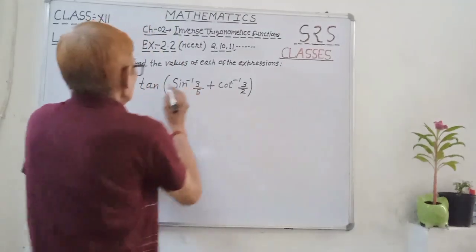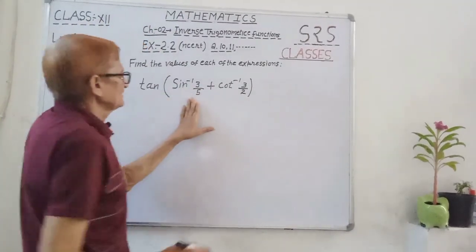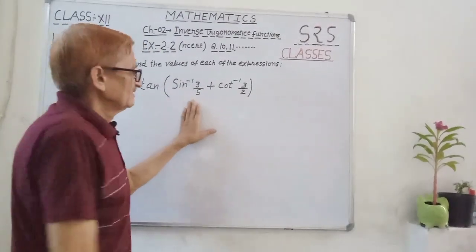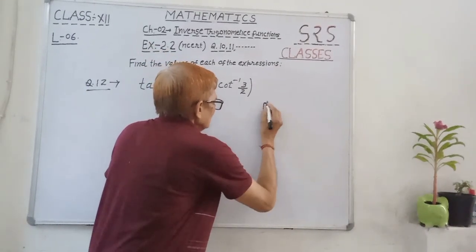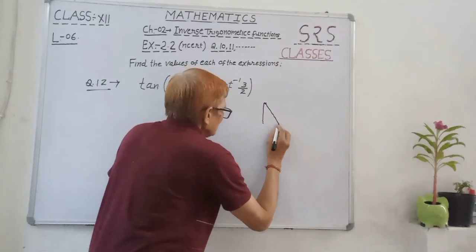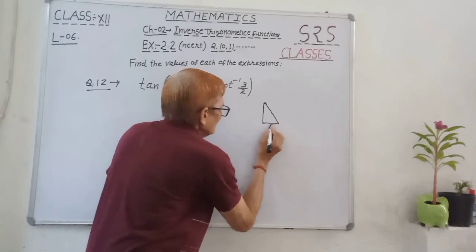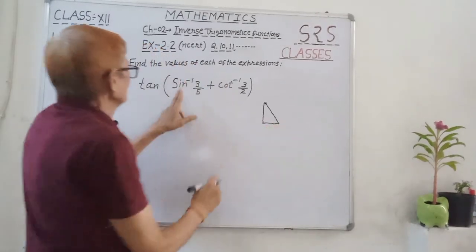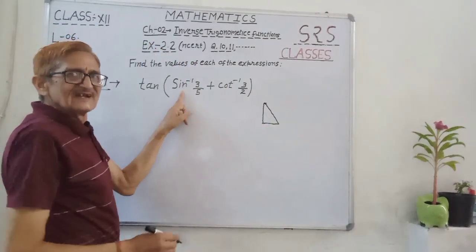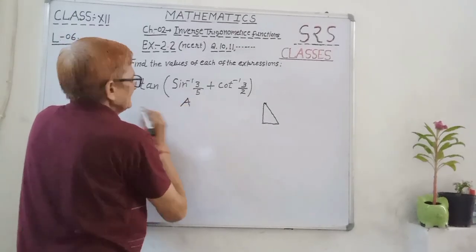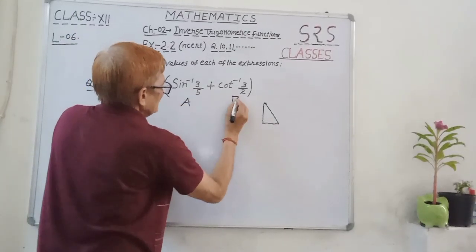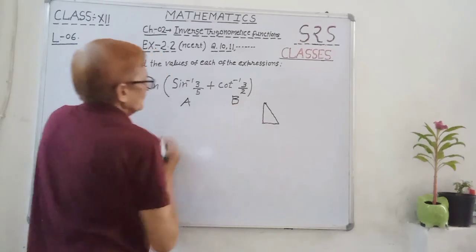So now, sin inverse 3 by 5, how can we convert it? By the triangle. By the right triangle we can convert it.